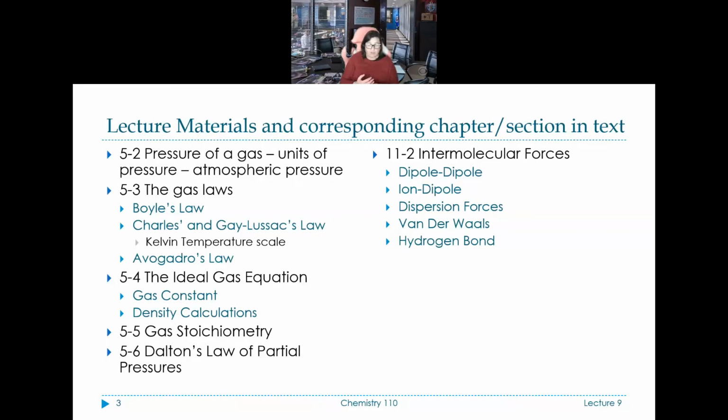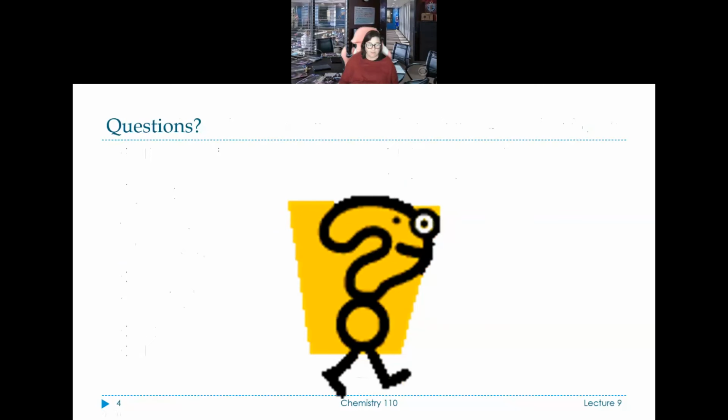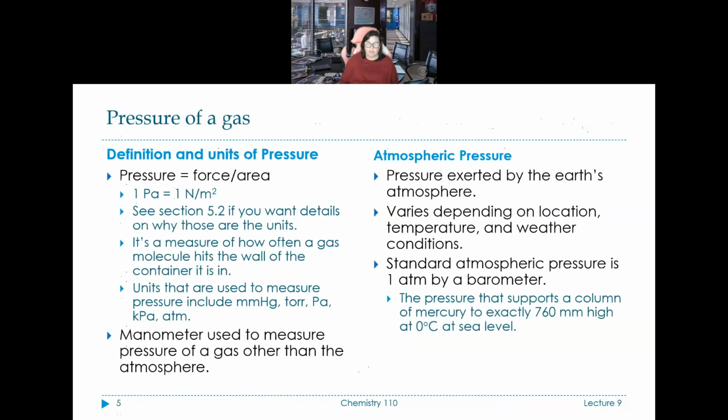We'll talk about 5.5, which is gas stoichiometry, and 5.6, which is Dalton's law of partial pressures. We'll then move into chapter 11, section 2, which is intermolecular forces. We will specifically talk about dipole-dipole interactions, ion-dipole interactions, dispersion forces, van der Waals forces, and hydrogen bonding. Okay, so questions, comments, problems about that? Well, then let's get into it.